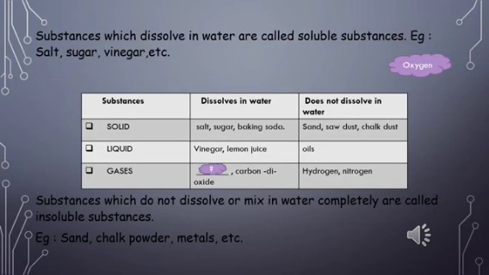Substances which dissolve in water are called soluble substances. Example: salt, sugar, vinegar, etc. What are insoluble substances? Substances which do not dissolve or mix in water completely are called insoluble substances. Example: sand, chalk powder, metals, etc.